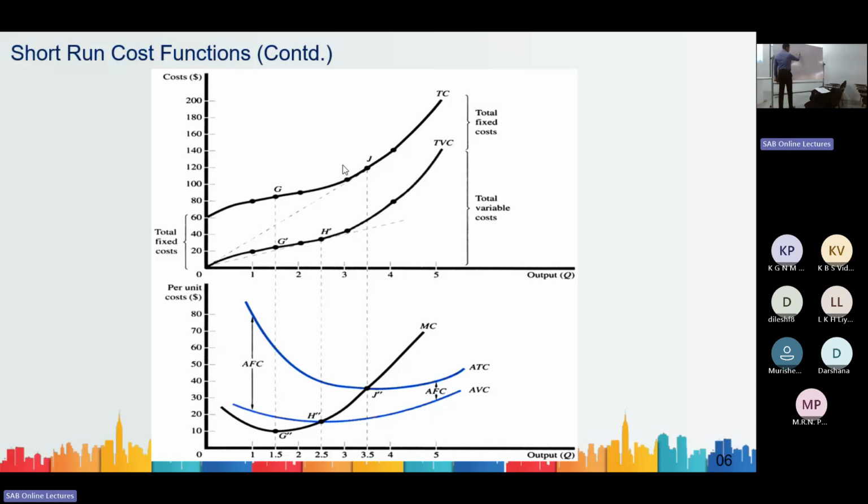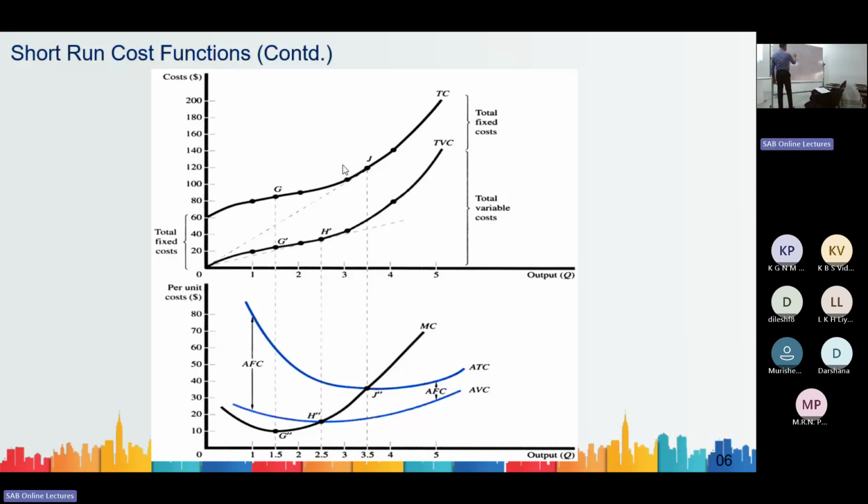The vertical difference is the total fixed cost. Total cost is total variable cost plus total fixed cost. So the difference between total cost and total variable cost is what? Total fixed cost.